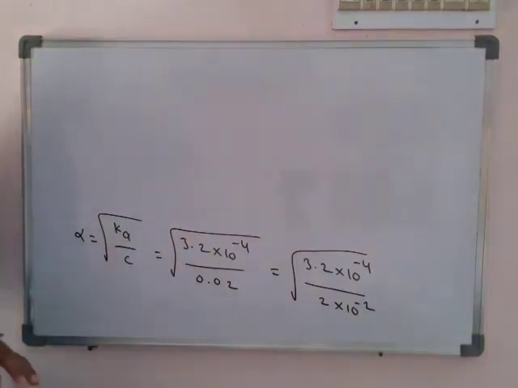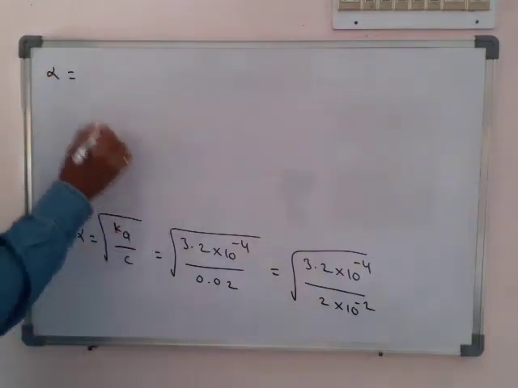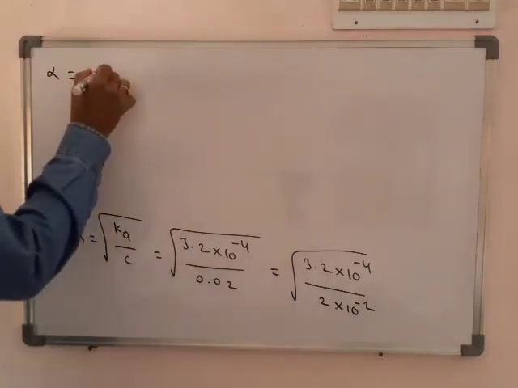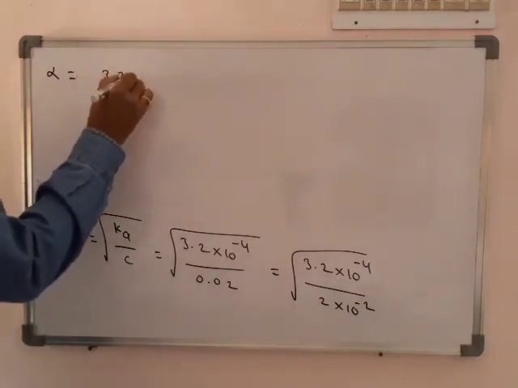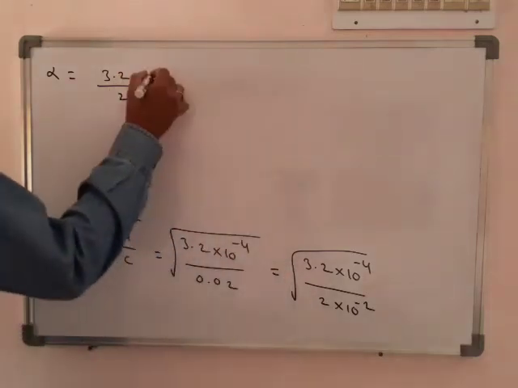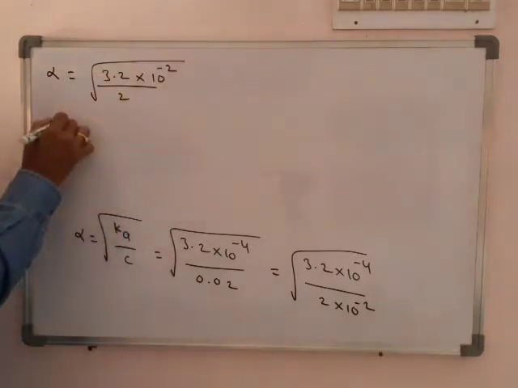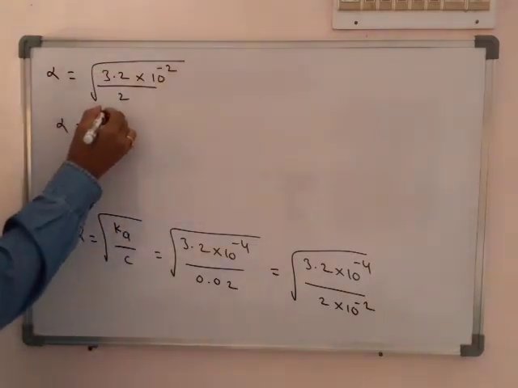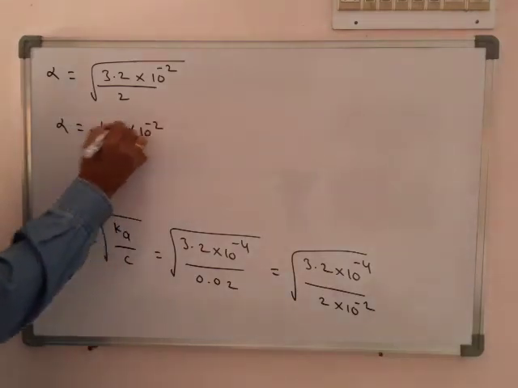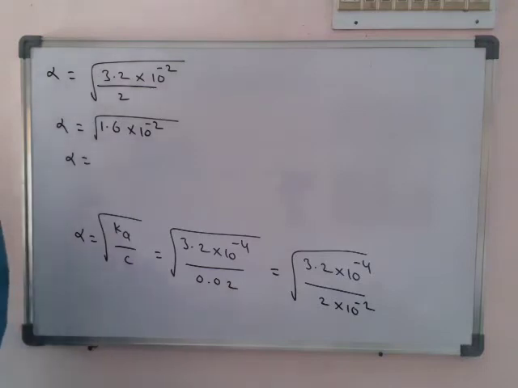Okay, so here it can be written as alpha equal to 32 into 10 power -2, it comes to +2, root. So after all we will get, here we have to know the root 1.6 value. Okay, just wait.